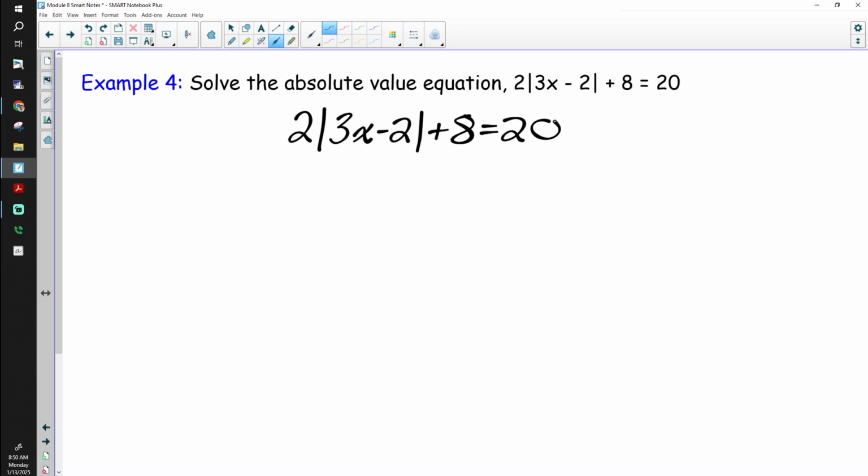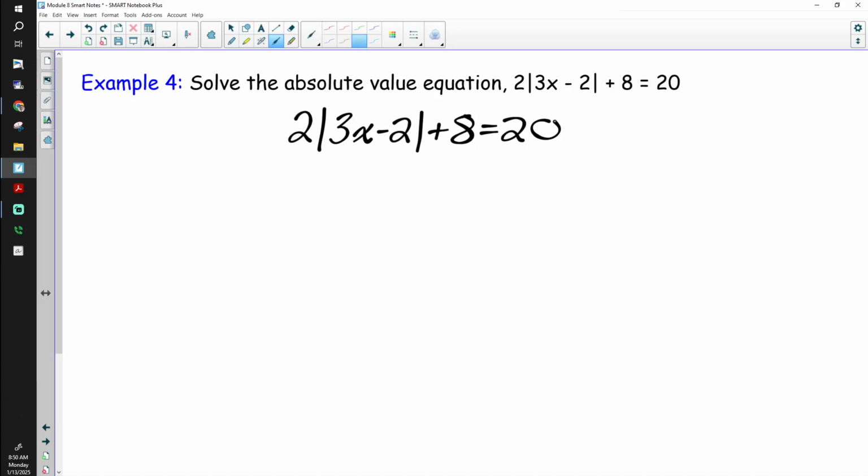They try to distribute it. Absolute values, although they look a lot like parentheses, don't they? They are not parentheses. They do not follow the same rules as parentheses. We cannot multiply the 2 and use the distributive property. Okay, that is something we cannot do.